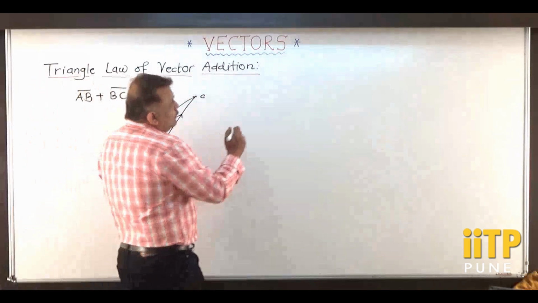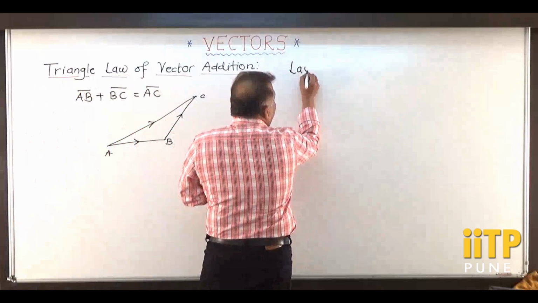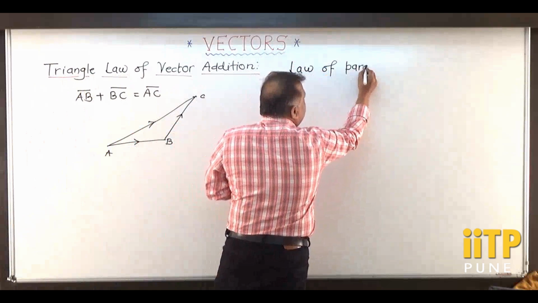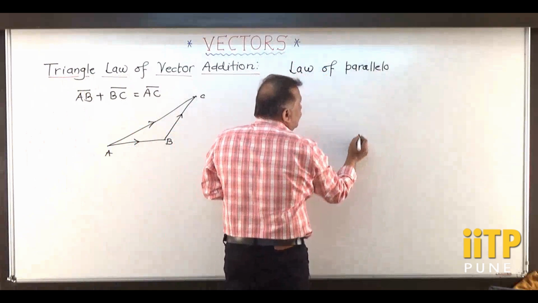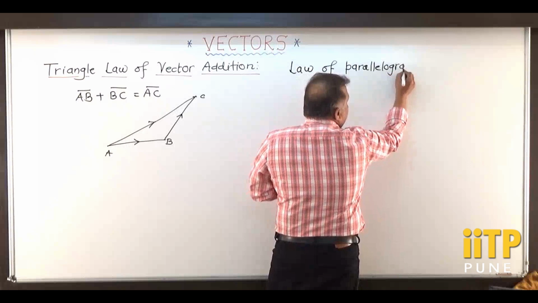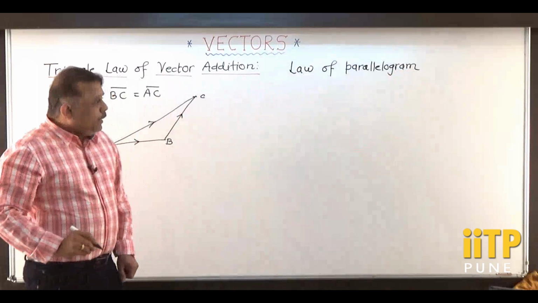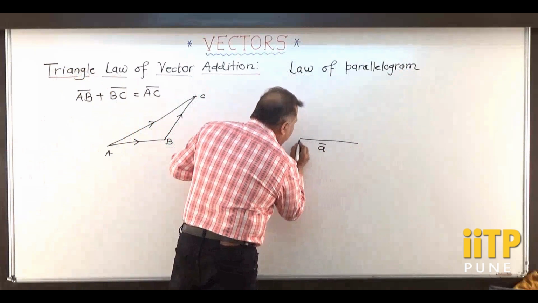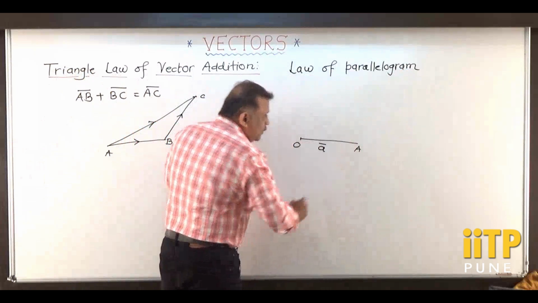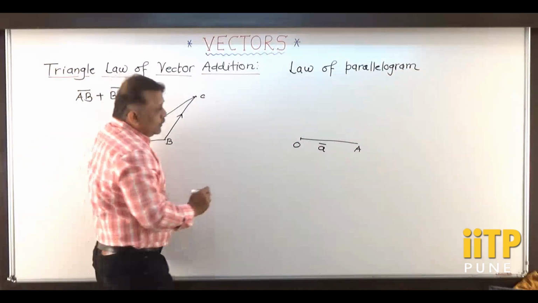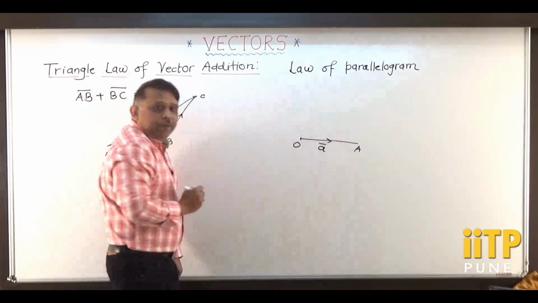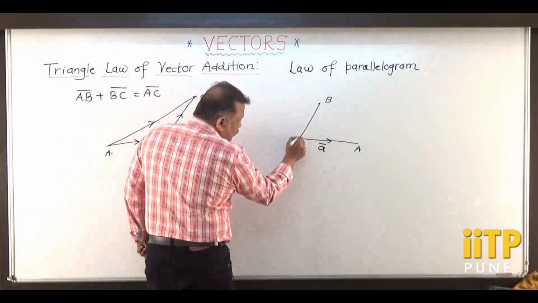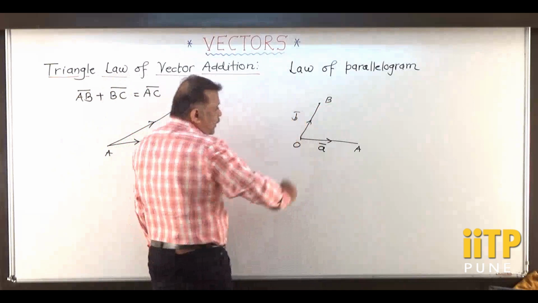Now, the next is the law of parallelogram. Let us consider two vectors, A bar represented by the directed line segment OA bar, and this is B bar.